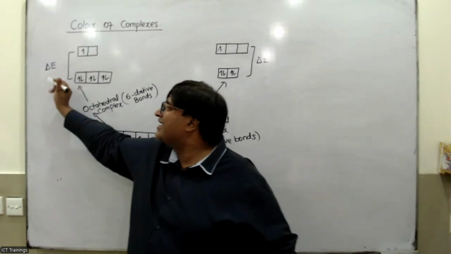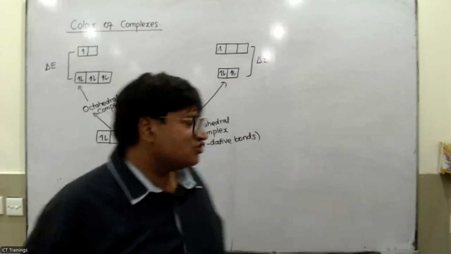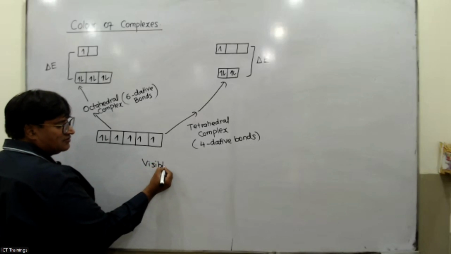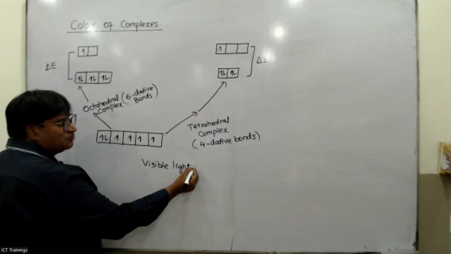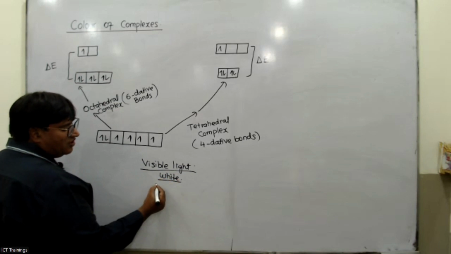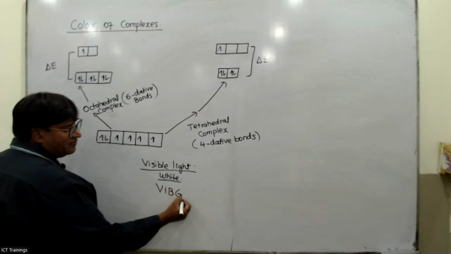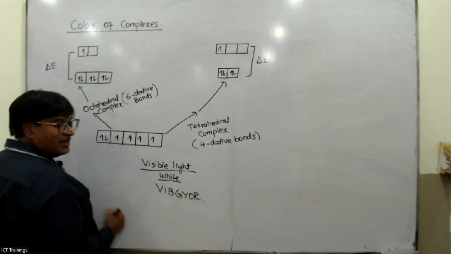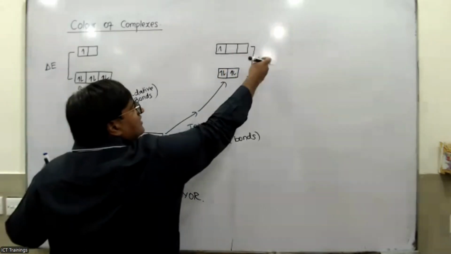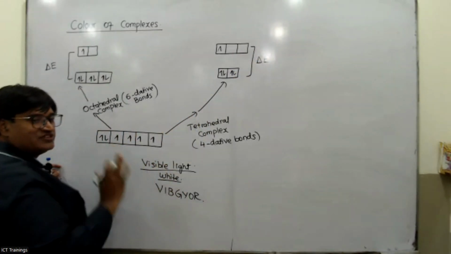And this delta E comes in the range of visible light. Visible light, you know, is actually white in color and has seven colors. So this difference of energy level comes in the range of visible light.